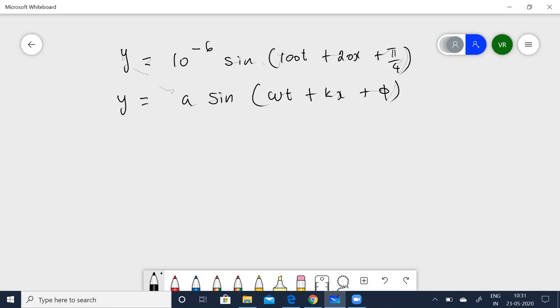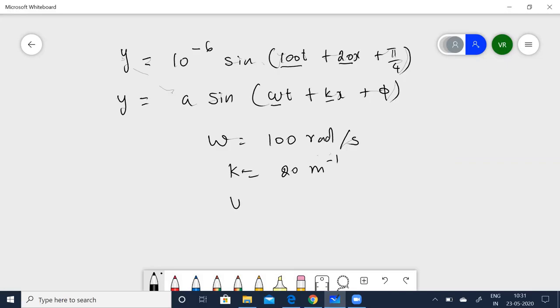When you compare both equations, in the place of omega you have 100. So omega is equal to 100 radians per second, the SI unit for omega. And in the place of k you have 20. So k is equal to 20 per meter.